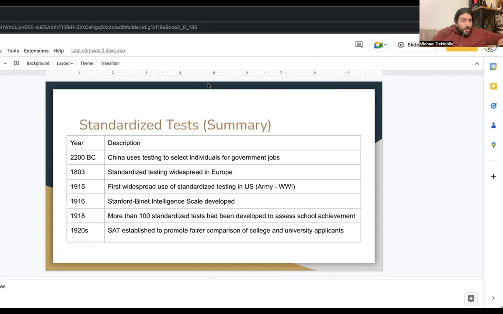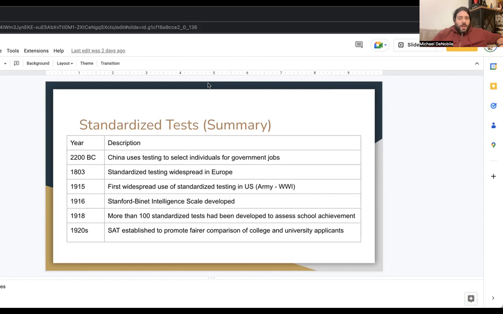Let's just do a quick mid-presentation summary. As we said, we looked at China in 22 BC using tests to select individuals for government jobs. In 1803, we have standardized testing widespread in Europe. 1915 is the first widespread use of standardized tests in the U.S., especially in the Army in World War One.